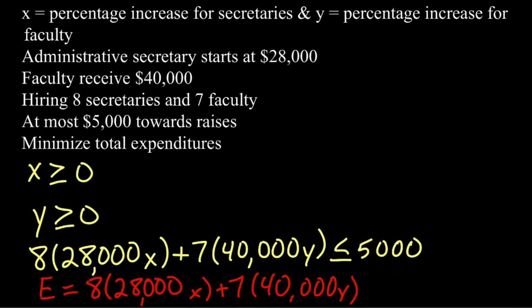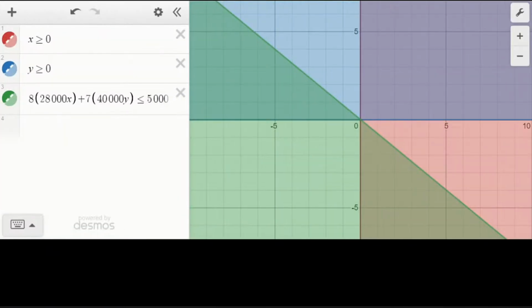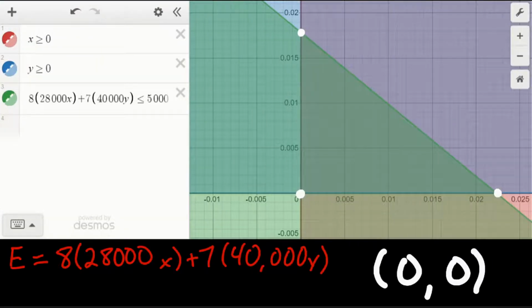But we didn't, and there we go. 0, 0. I'm sorry I didn't give you any warning that you should have paused the video and graphed those equations and the inequalities on Desmos. I'll give you that warning next time. I'm sorry about that.